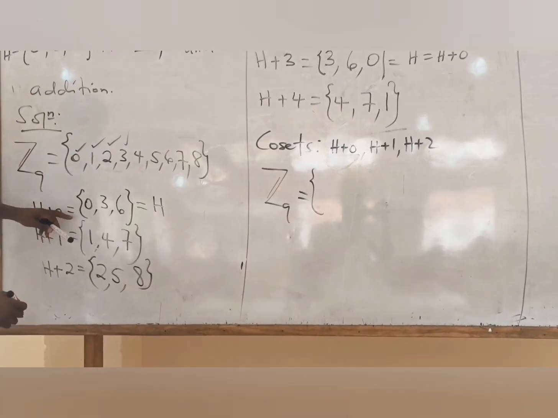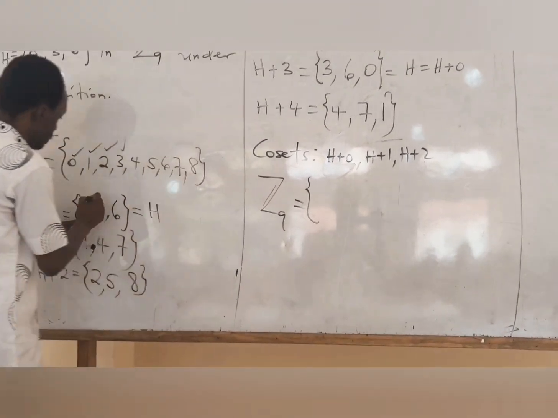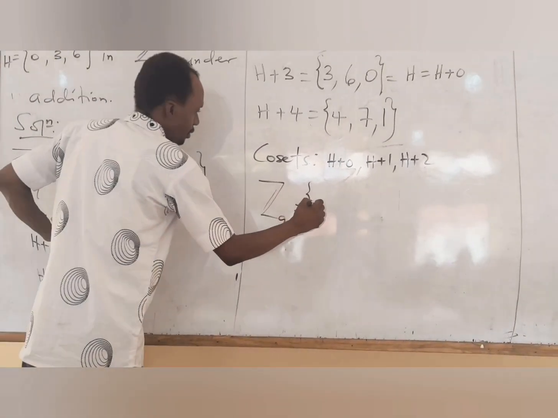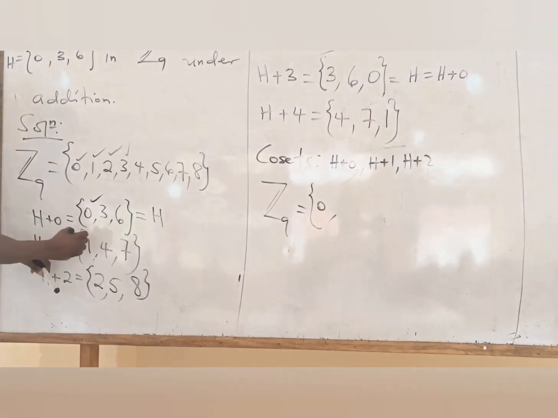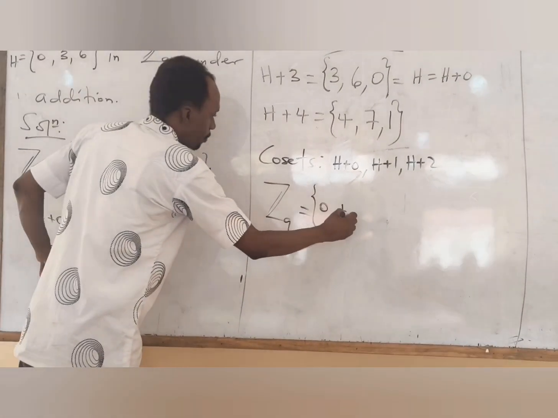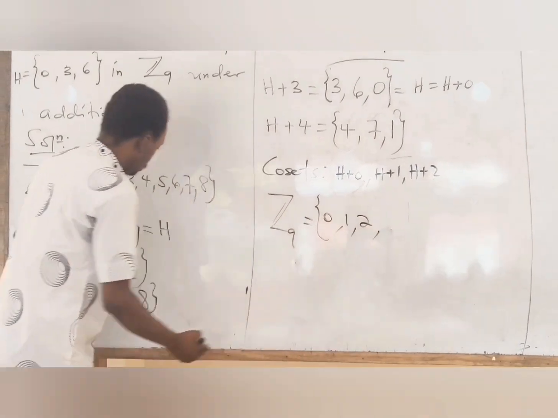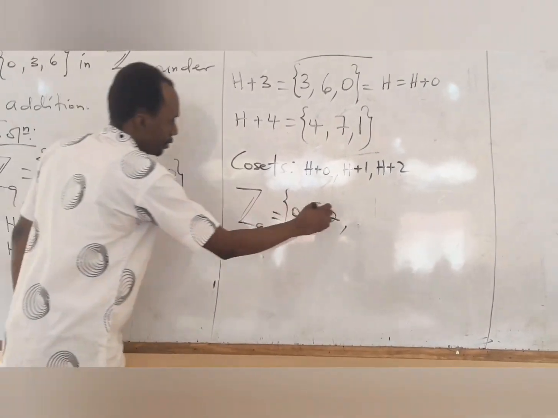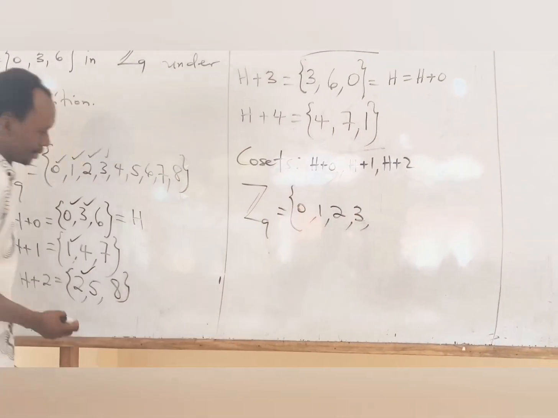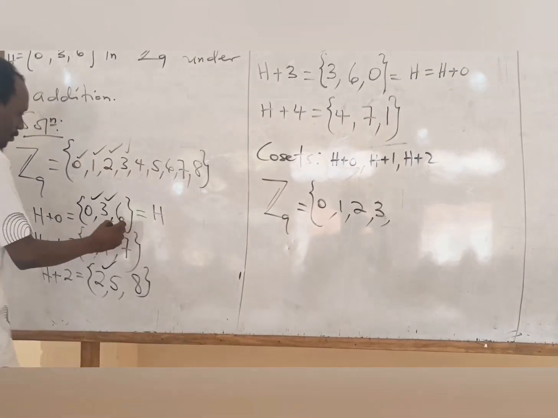So 0 is here. 1 is there. 2. 3. 4. There's 4.